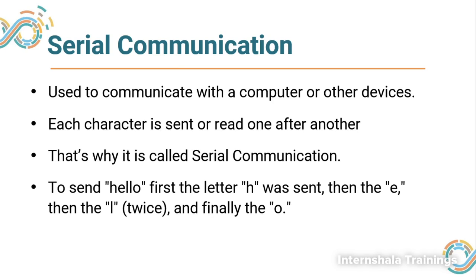So, if you want to send a string like hello, first of all H will be sent, then E, then L, and in the end O will be sent. This may be a slow form of communication but a very reliable form of communication.